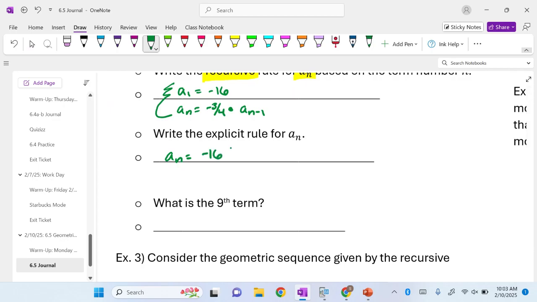Negative 16 times what? What's the next part of the formula? Negative 3/4, all raised to the what? Nope. What does it say in the formula? N minus 1. And that's your explicit formula.